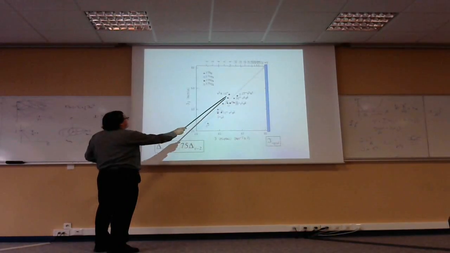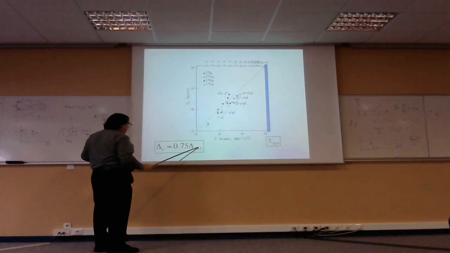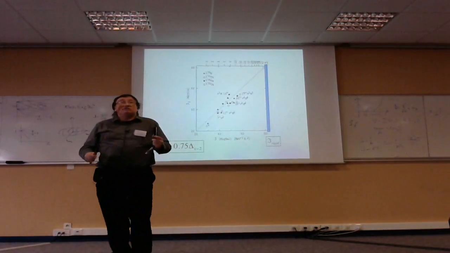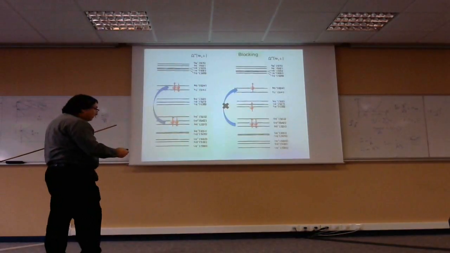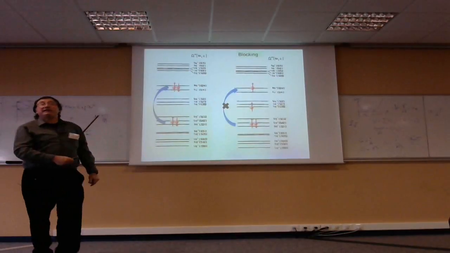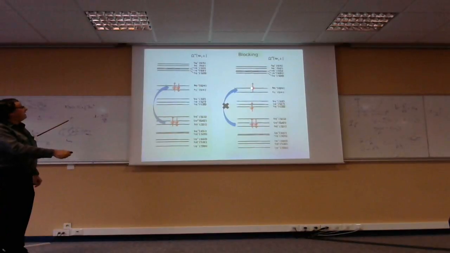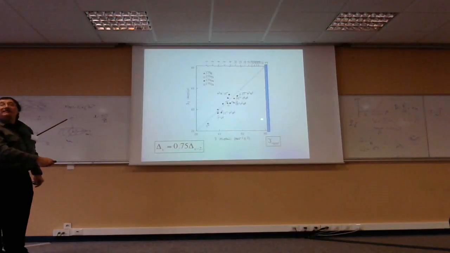So in order to reproduce this data, I need to put into the Migdal formula a gap that is reduced, and that is plausible because of what I said just before. Because of this blocking argument, I expect that the gap when I have a one quasi-particle isomeric state, made out of those two particles, blocks pairing and is smaller. So this is an empirical way of assessing how much the pairing gets quenched as you add particles.